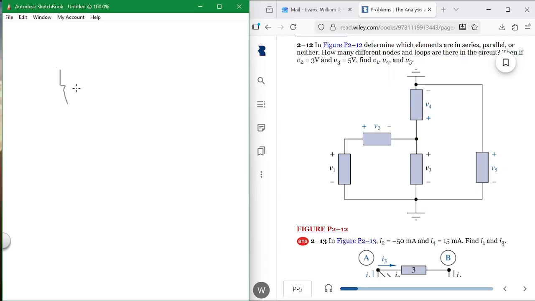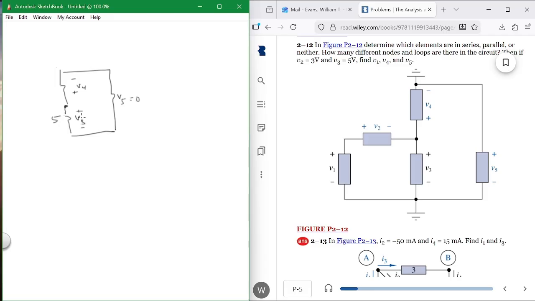So I've got plus on the bottom, minus on the top, V4. And then I've got a resistor over here with a voltage V5 equal to 0. And then I've got another resistor here. V3 is what? 5.